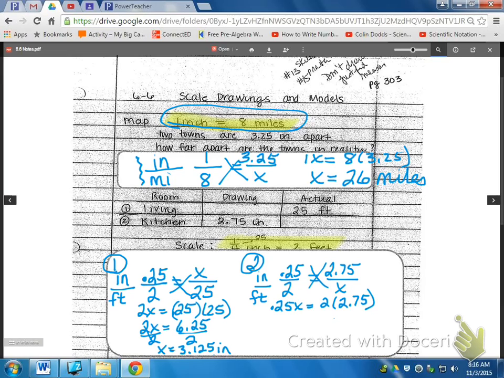Okay, so 0.25x equals 2 times 2.75. At this point, you could use a calculator for 2 times 2.75. And I believe that is 5.5. And then Trayton, what's the last step? Divide. Divide by 0.25.